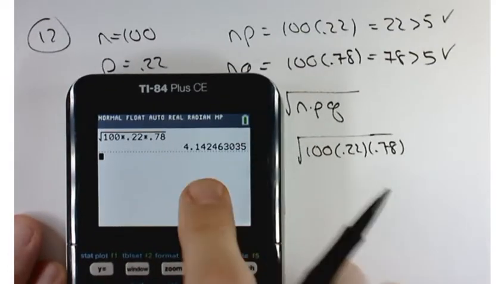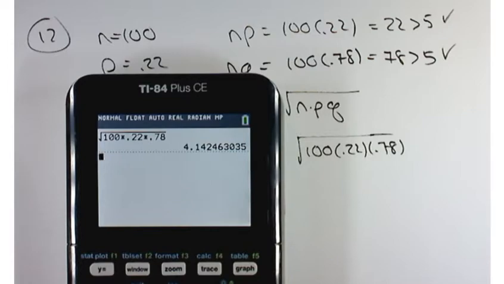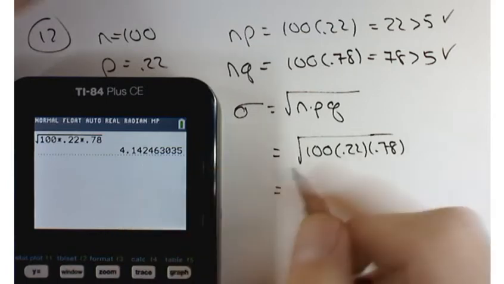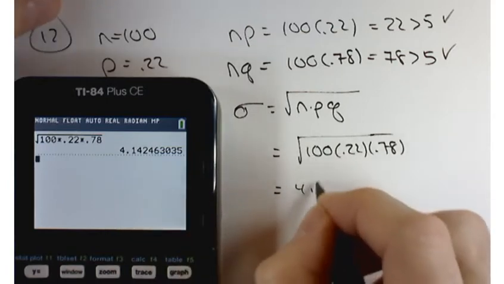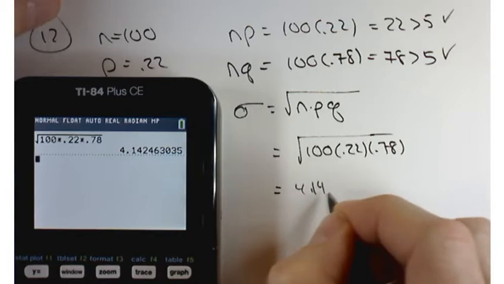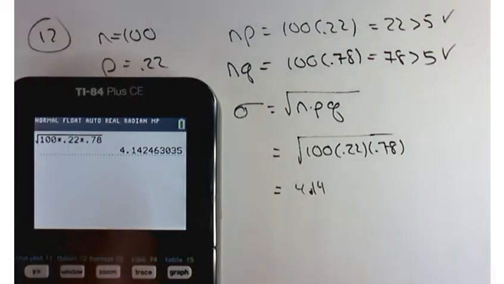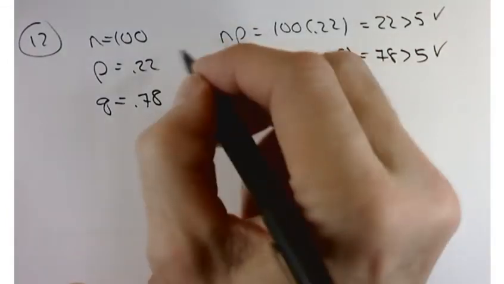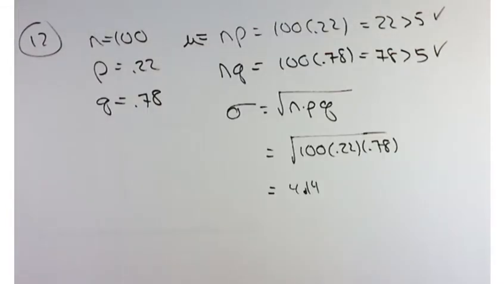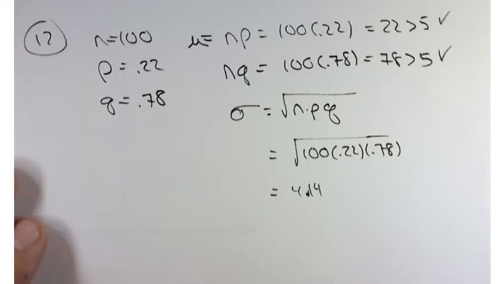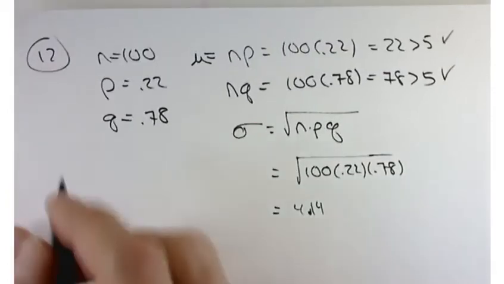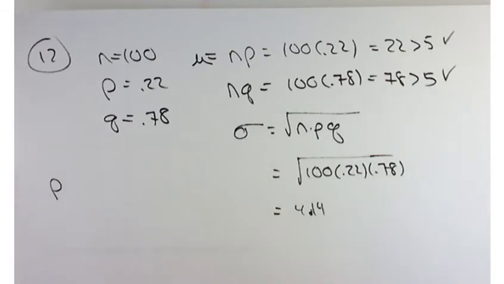So 4.142, etc. We'll round this off to the nearest hundredth at 4.14. So that's our standard deviation. And up here is our mean. Mean was 22. We wanted to find the probability. Problem number 12 asks us for the probability of exactly 19 voters.